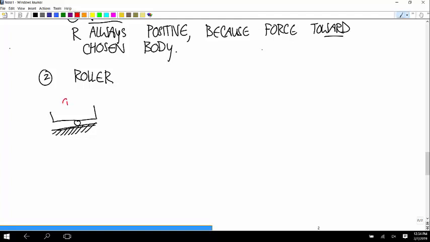So let's say this is body 1, this is body 2. Or sometimes you see it like this. It looks sort of like a little roller skate connecting the two things.